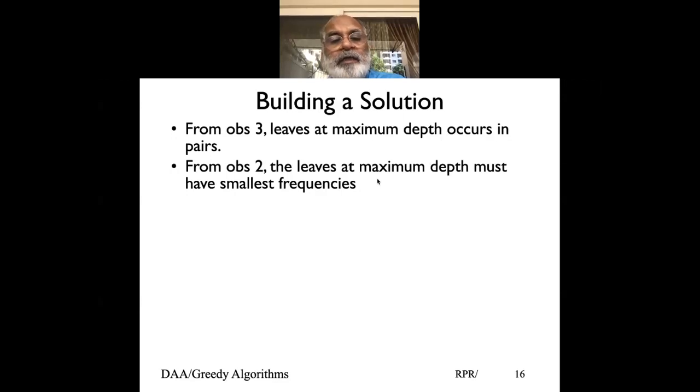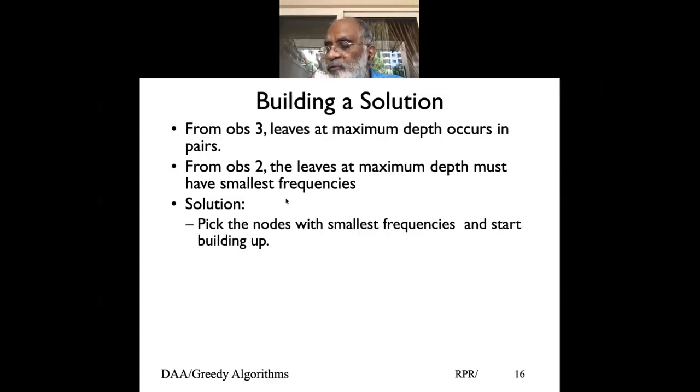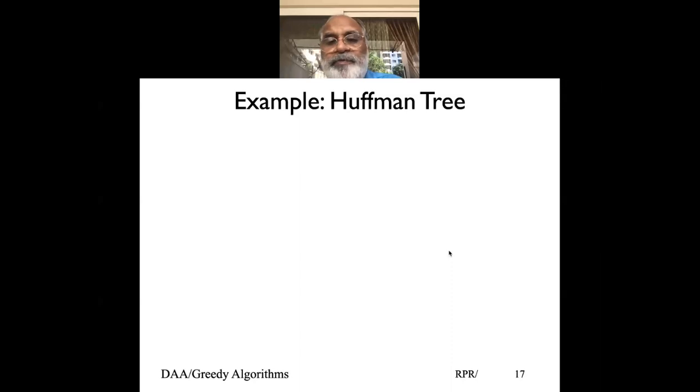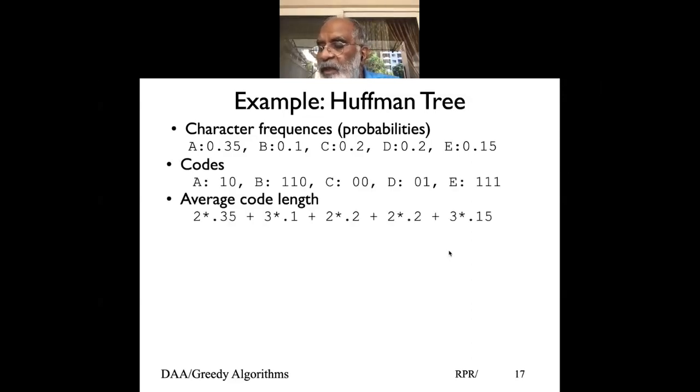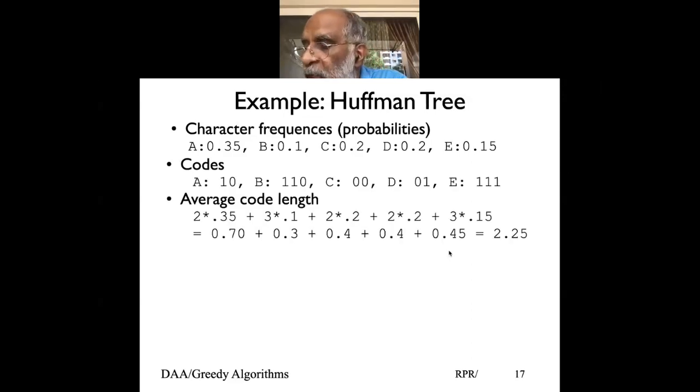So we can always pick the nodes with the maximum depth or the smallest frequency and keep building up, and finally we get to the root of the tree, and that's what the solution basically means. Pick two nodes with the smallest frequency and start building up the tree, and that is what we have done. So we look at the case as a Huffman tree, and we've taken this case, built it up and looked at the average code length, and we've given the algorithm as well.